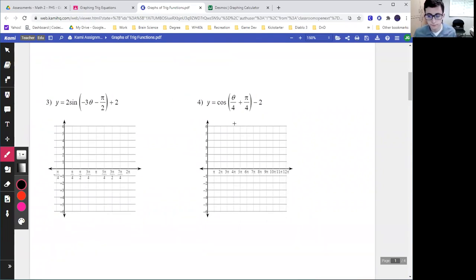Okay, question 3. Y equals 2 sine of -3 theta minus pi over 2 plus 2. So amplitude first, we can see that we're multiplying the sine by 2. So our amplitude is 2.